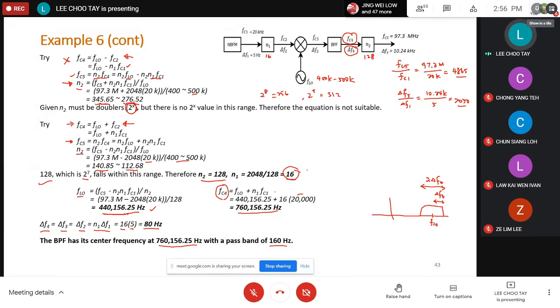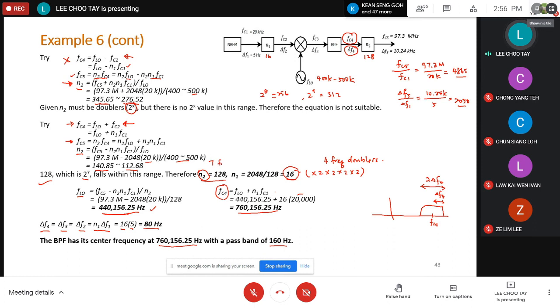So how do you construct N1? You construct N1 by times 2, times 2, times 2, times 2, so you actually use 4 frequency doublers here. And then for N2, the second stage multiplication, this is 2 to the power of 7.